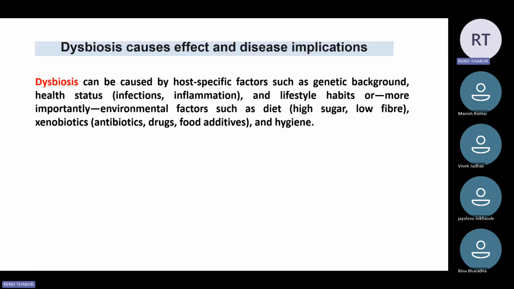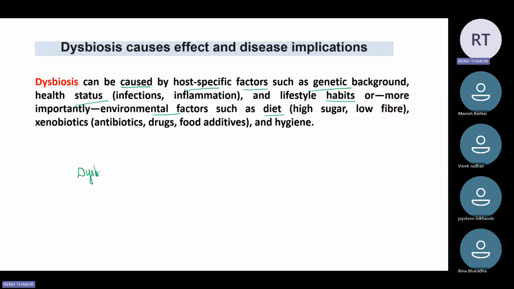Dysbiosis can be caused by host specific factors such as genetic background, health status, infection or inflammation and lifestyle habits, or more importantly environmental factors such as diet, xenobiotics and hygiene. So you all know about the factors which are responsible for dysbiosis.